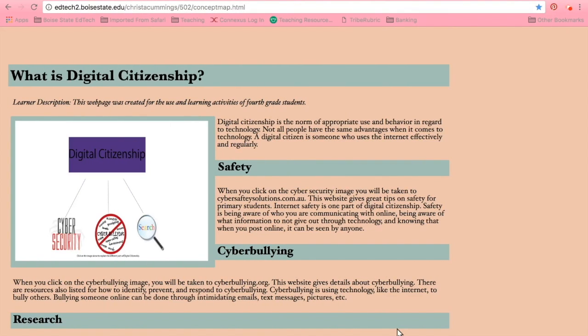This is my EdTech 502 interactive concept map. This activity was created to engage my students in learning about the internet safety, cyberbullying, and researching online. This allows students to click on these 3 icons and it will take them to different websites that gives them articles of information to further their knowledge on these 3 topics.